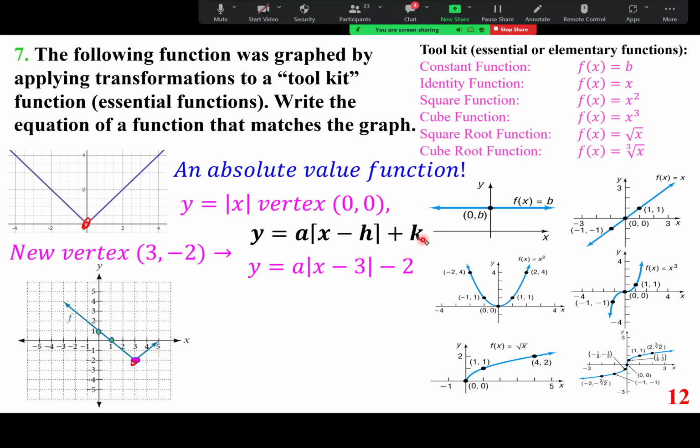All you have to do is pick a point and do the math. Easy points: this one has coordinates 1, 0, and this one has coordinates 0, 1. It doesn't matter which one you use. One more point and you get the a.